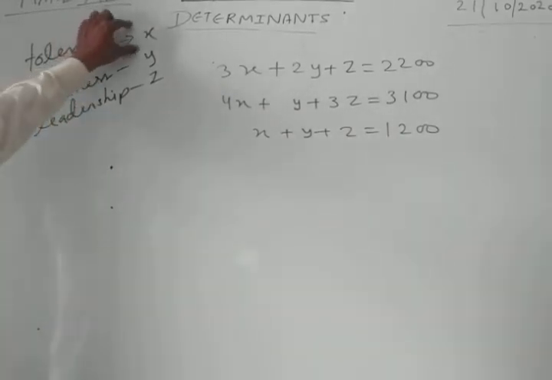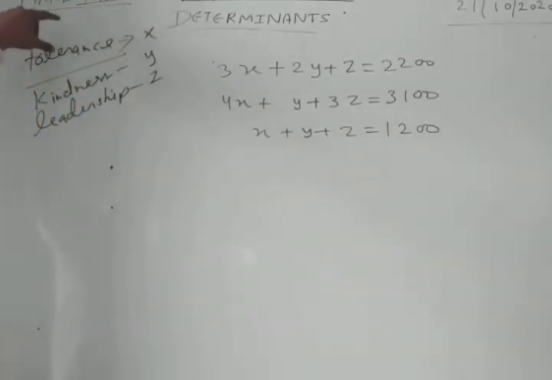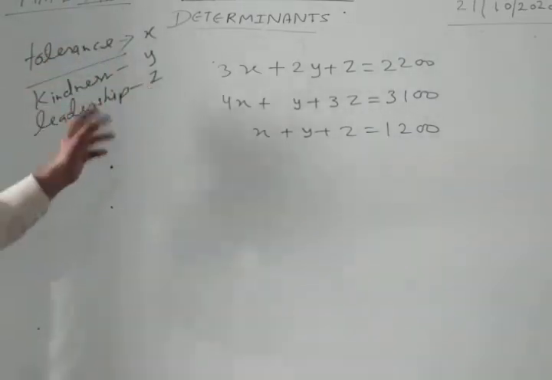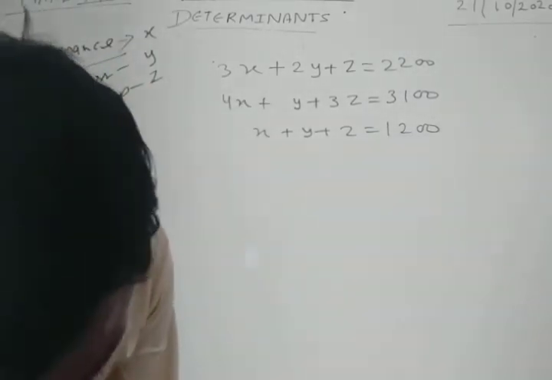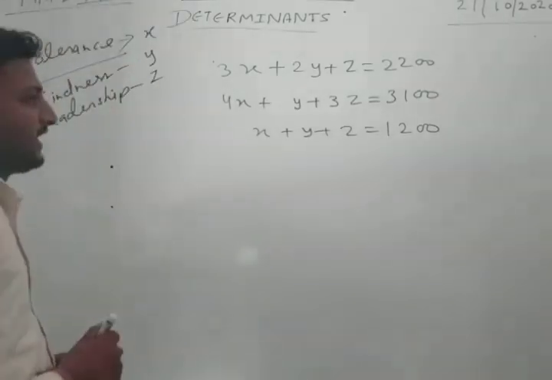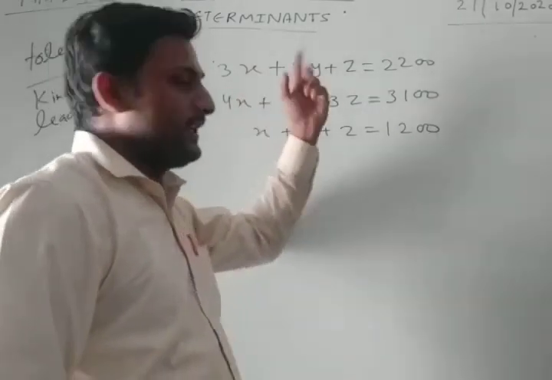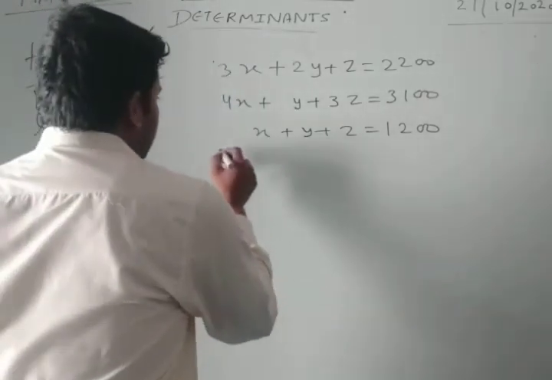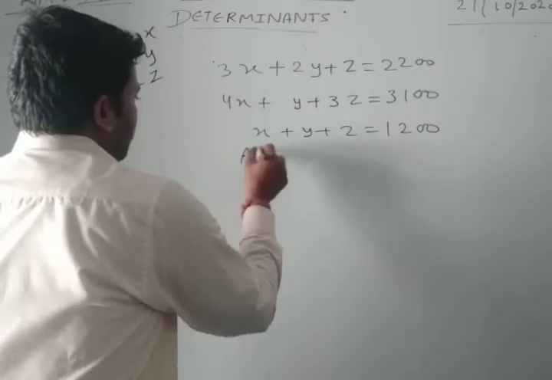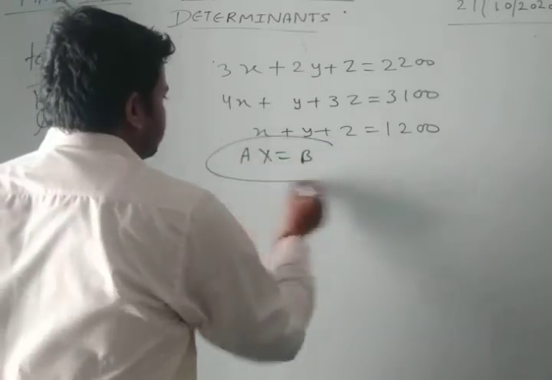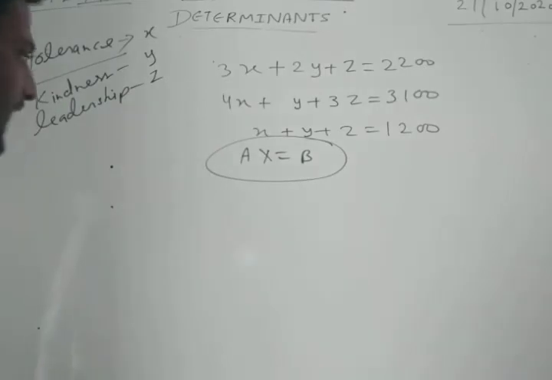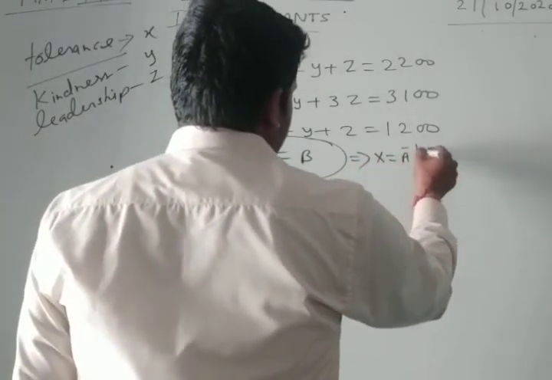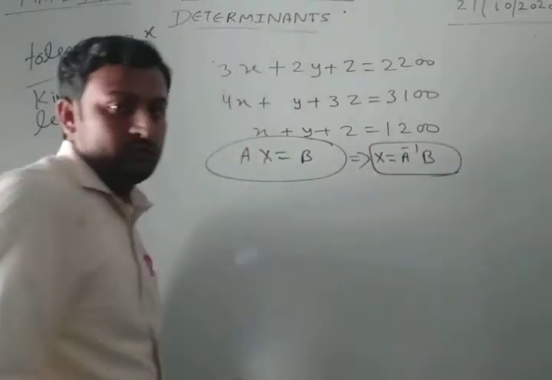We have considered x for tolerance, y for kindness and z for leadership. So using the matrix method we have to find the values of x, y and z. We know that these equations can be written in the form AX is equal to B, and we also write X is equal to A inverse B as usual.